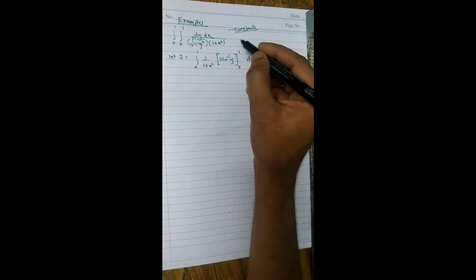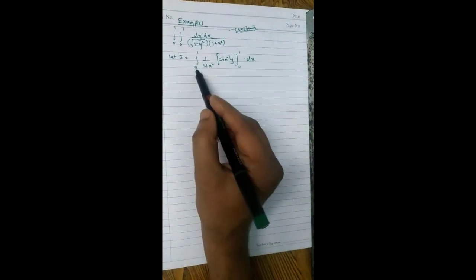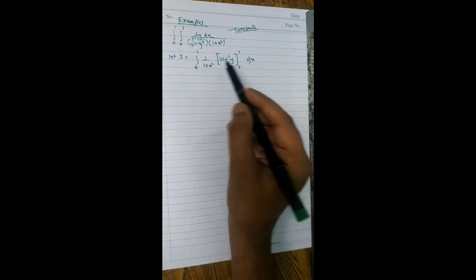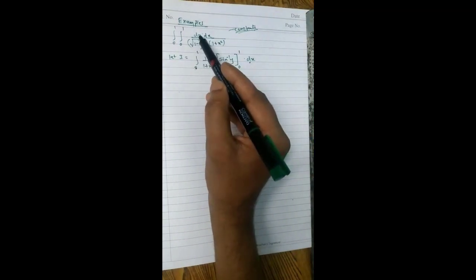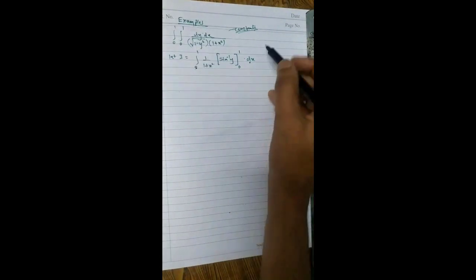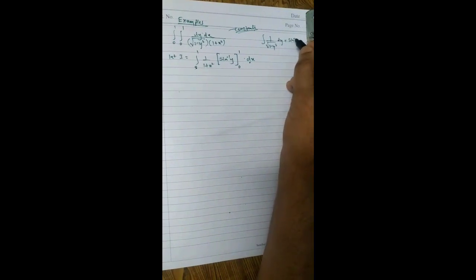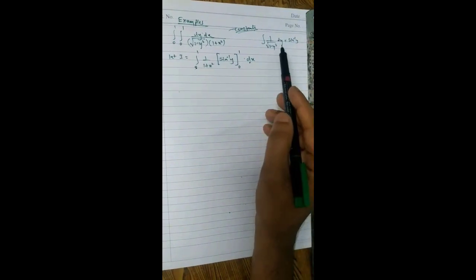I use case 1, right? So see here, the integral from 0 to 1 with respect to dx is still there, and I have integrated the dy part. The integration of 1 divided by square root of 1 minus y square dy is sine inverse of y. Is it right?